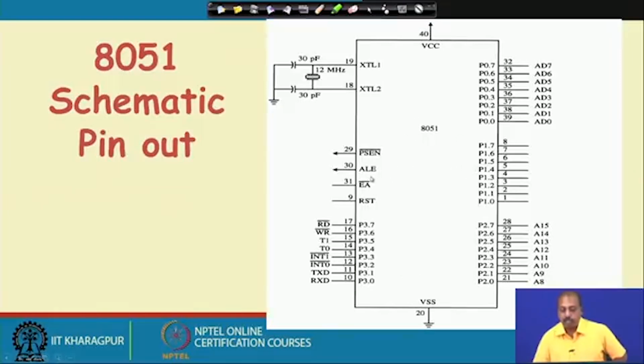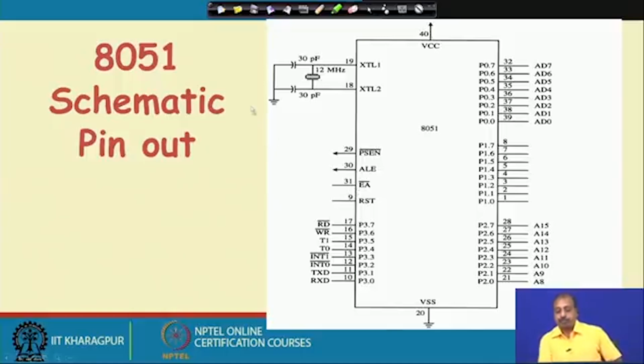Then we have this RST, which is the reset. Then there is EA bar, external access. This RST and EA bar are inputs to the chip, though not shown here explicitly.